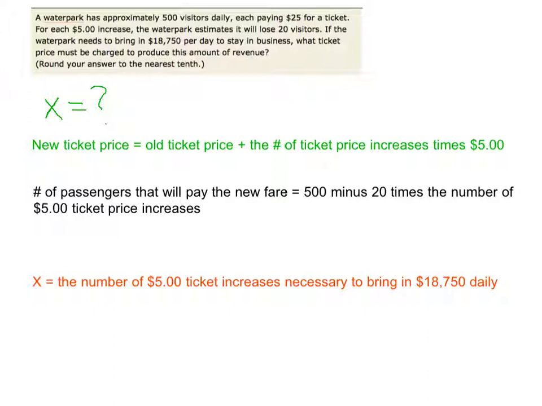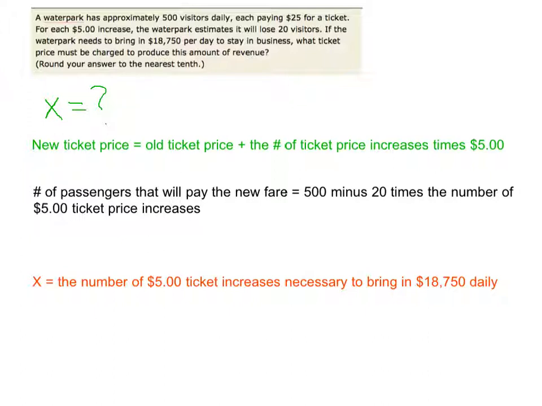So, if we let x equal the number of $5 ticket increases necessary to bring in $18,750 daily, we can rewrite the new ticket price equal to a numeric expression and the number of passengers that will pay the new fare equal to a numeric expression.